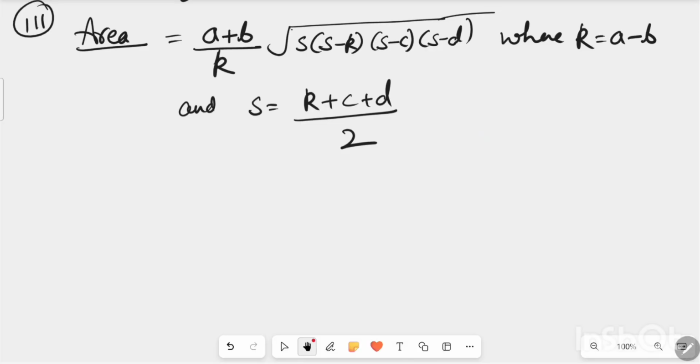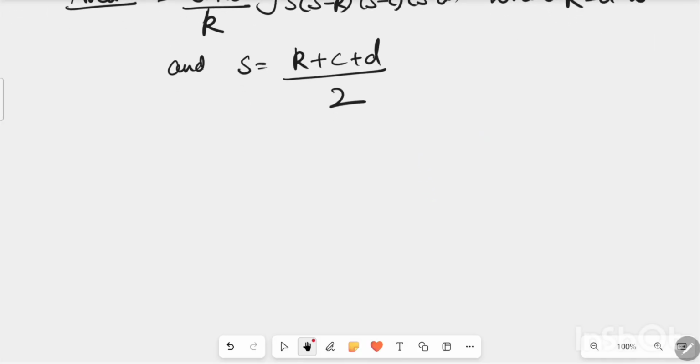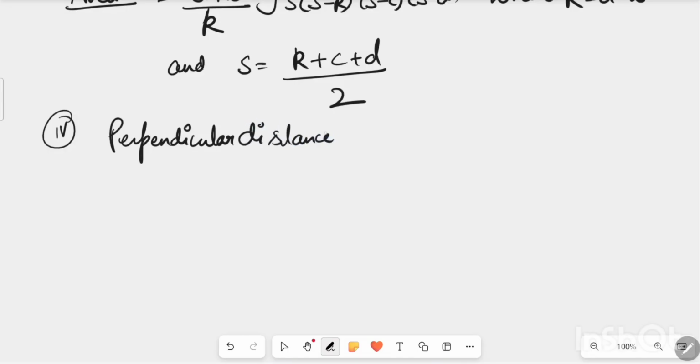And how can we find the perpendicular distance between two parallel sides? Fourth is the perpendicular distance between two parallel sides.